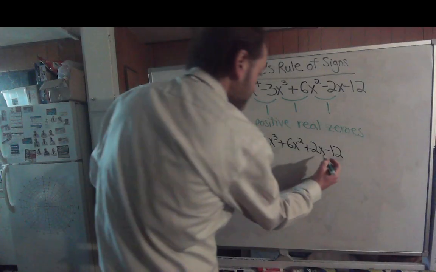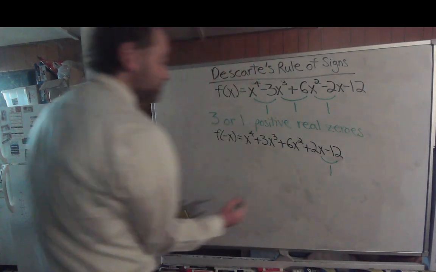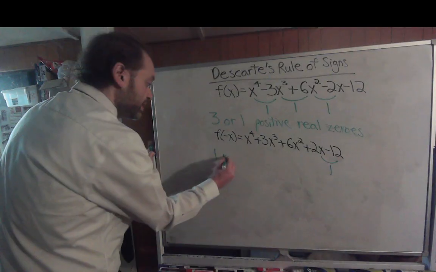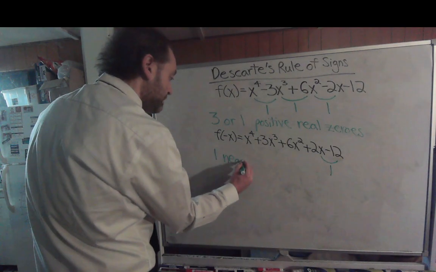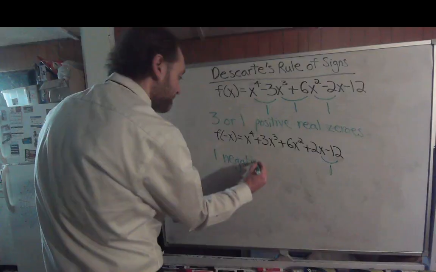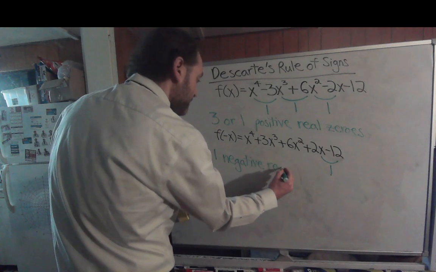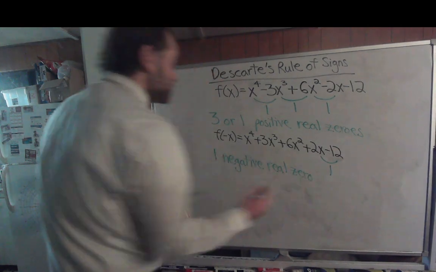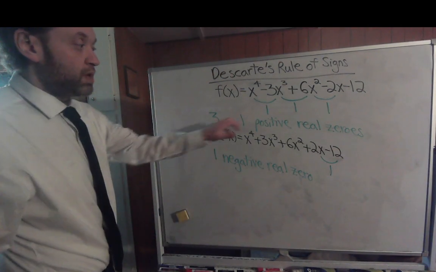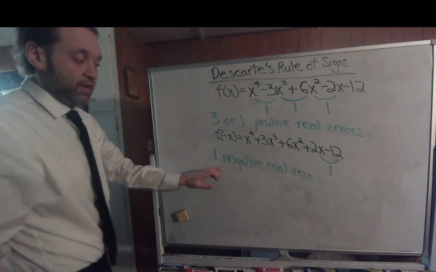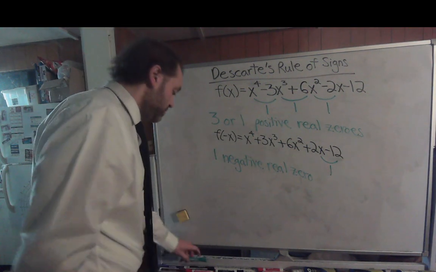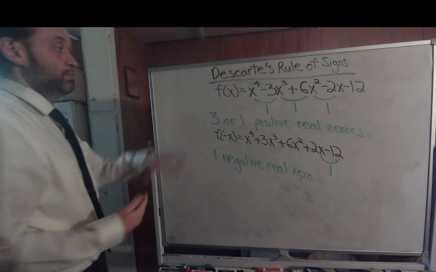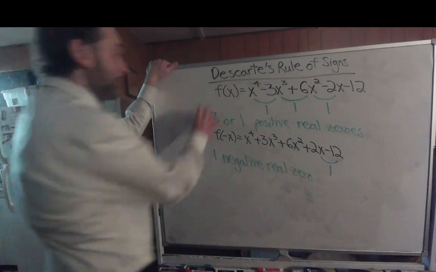There's only one, from 2x to negative 12. So literally you're going to have one negative real zero. So you're going to have either 3 or 1 positive real zeros, then you'll have 1 negative real zero for this polynomial here.